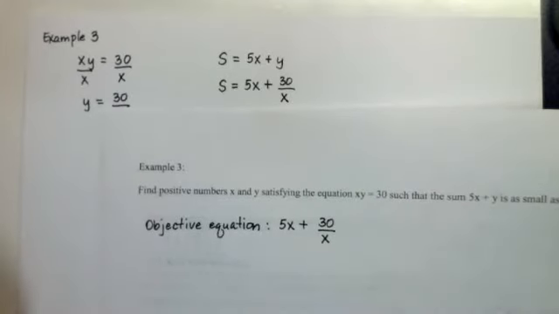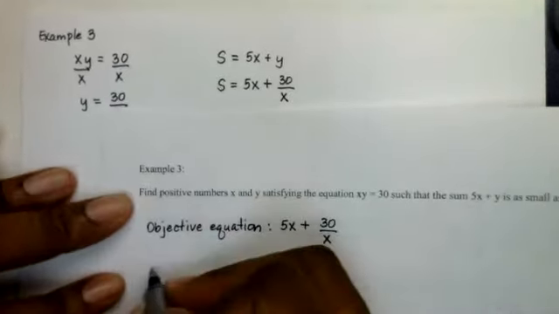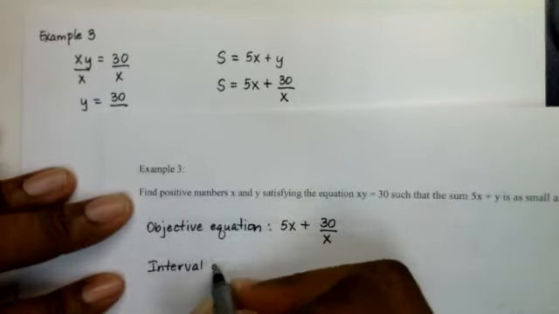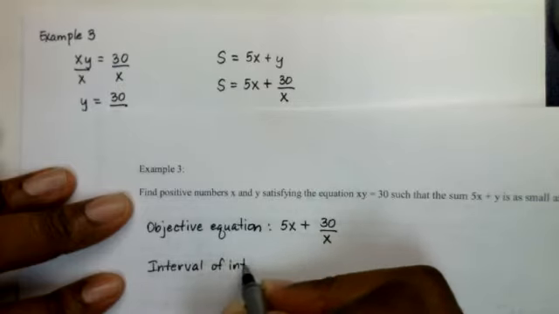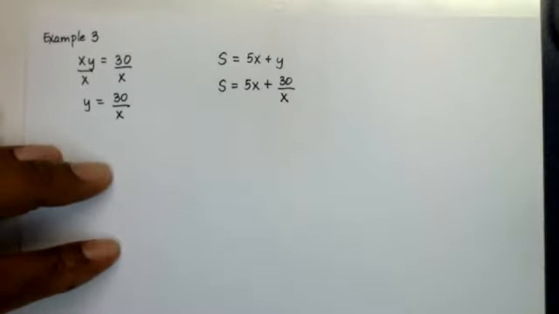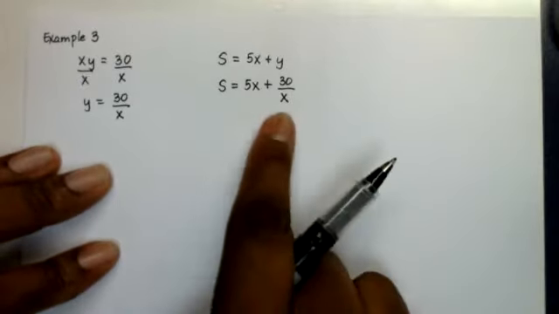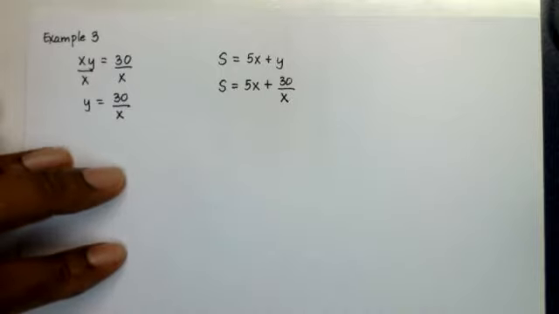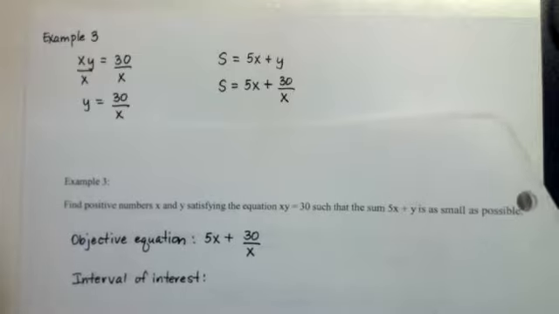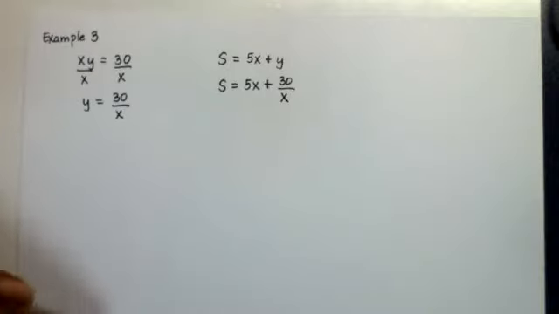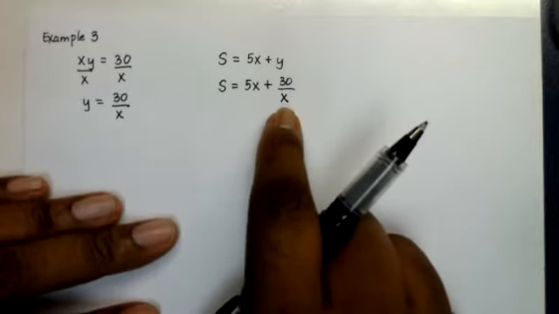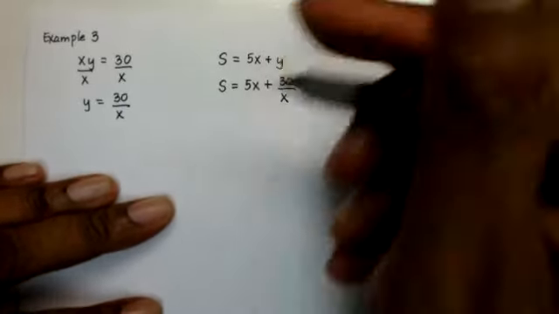That's your objective equation. All right, and let's say I want to find the interval of interest. Well, if you look at this, we're dealing with positive numbers x and y. So we know we can't have negative numbers. And also, we're not going to be able to use 0 because I'm going to have a 0 in the denominator for this objective function.